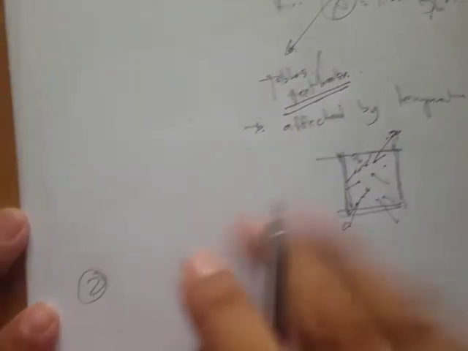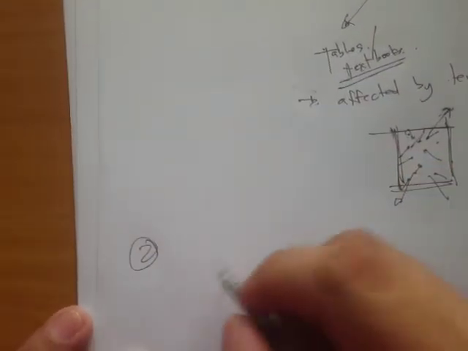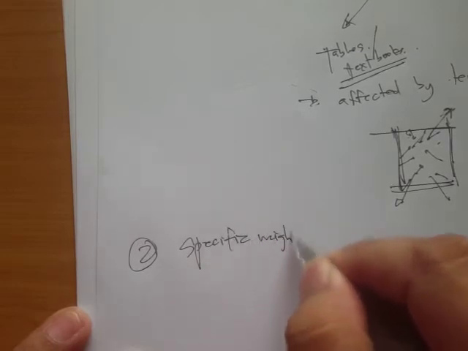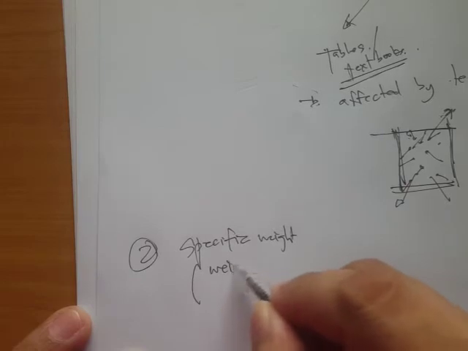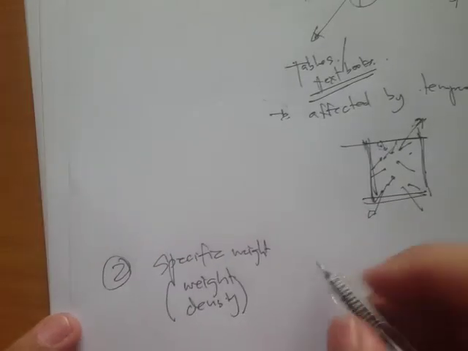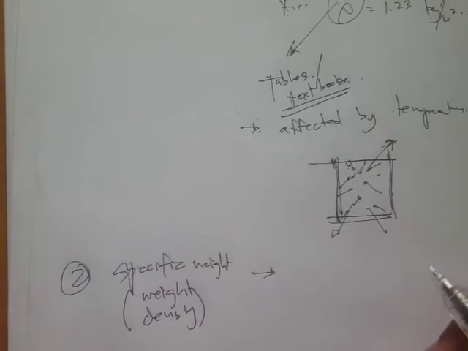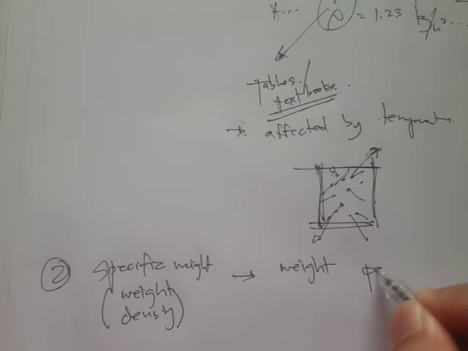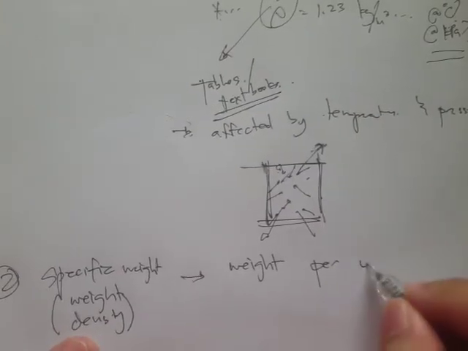Another one is the specific weight. We can call it weight density. It's just the weight per unit volume.